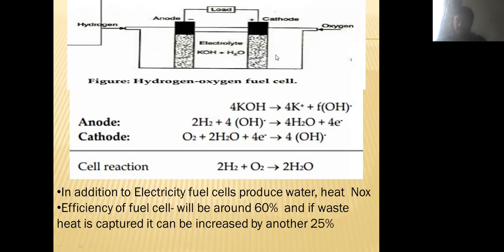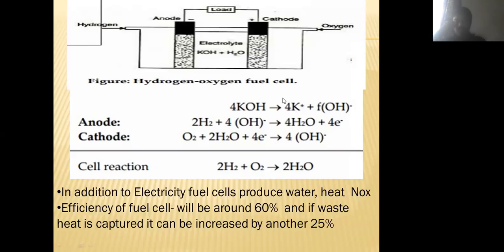Now inside, the second side of this anode and cathode is connected by an electrolyte. Most of the time these electrolytes vary depending upon the type of application. In most cases, for easy transfer, we prefer to use KOH, potassium hydroxide.